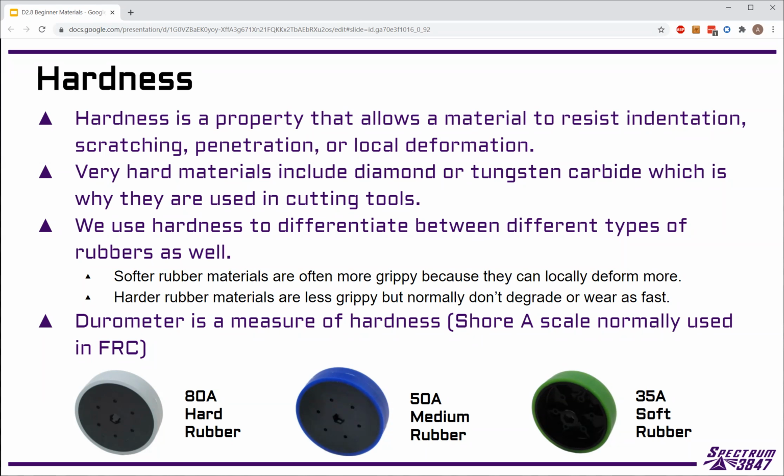If you push the material, does it give in a single spot? Can you scratch the material? Can you pull some of the material off of it? If you take your fingernail and scratch into it, does some of the material come off? Can you poke something through it? Any sort of small local deformation or breakaway of the material.